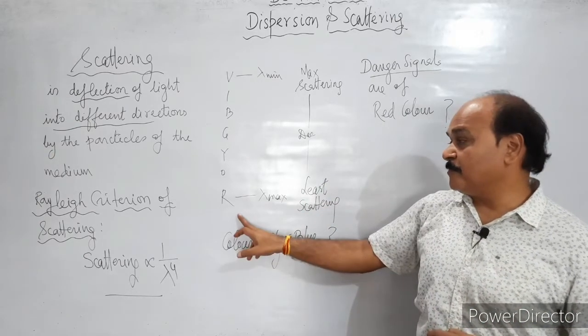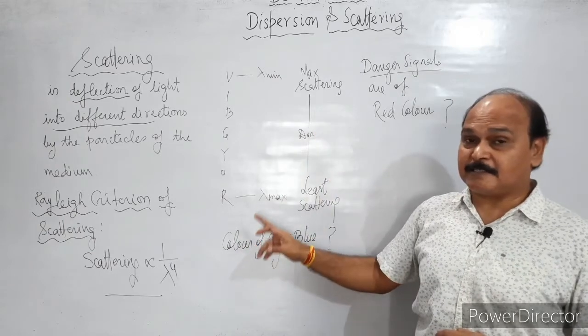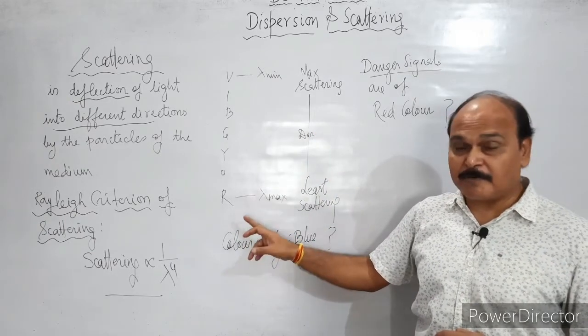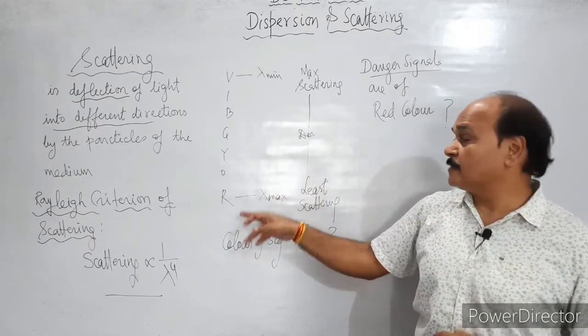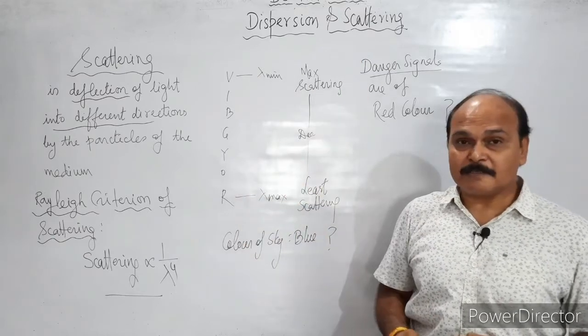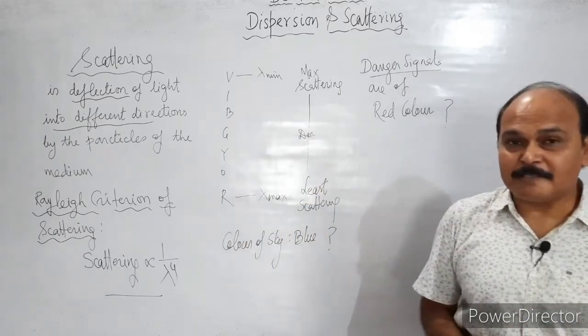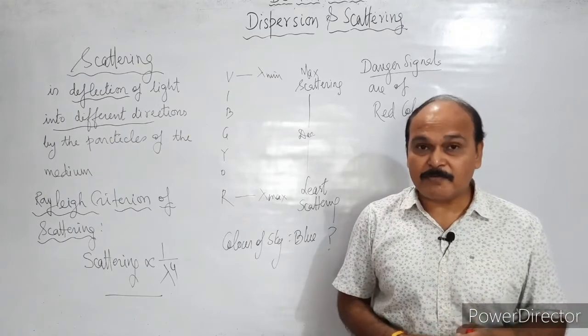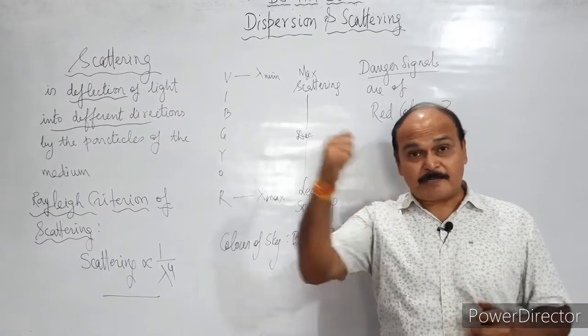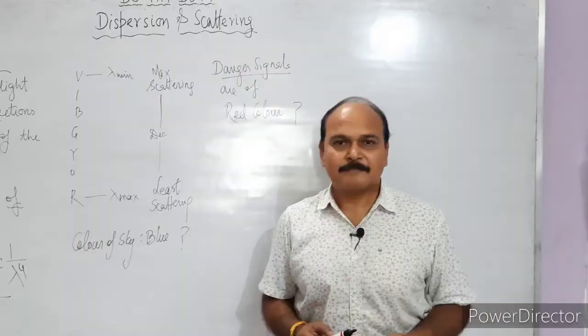So this color can be seen from the farthest distance as compared to any of these colors. That is why all these danger signals or caution signals are made of red color, so that they can be seen from a distance.